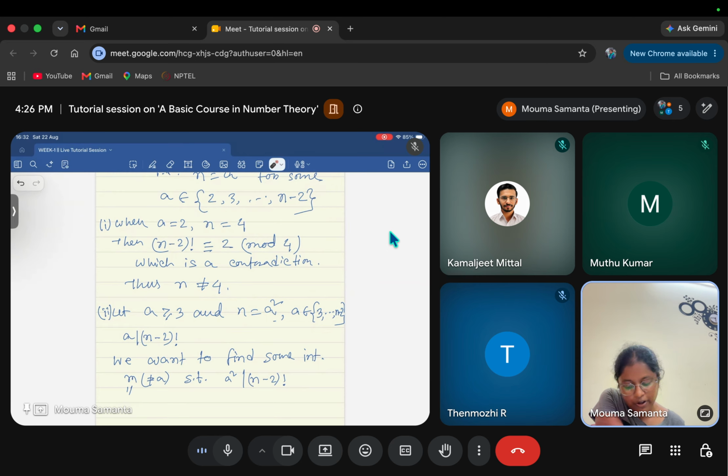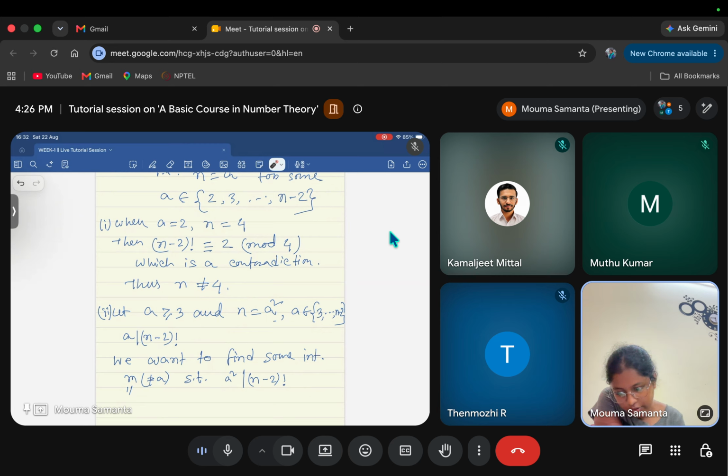This is my final aim. So we want to find such an m such that if we multiply it with a, that will exactly give us a square, some condition so that a square is dividing n minus 2 factorial.